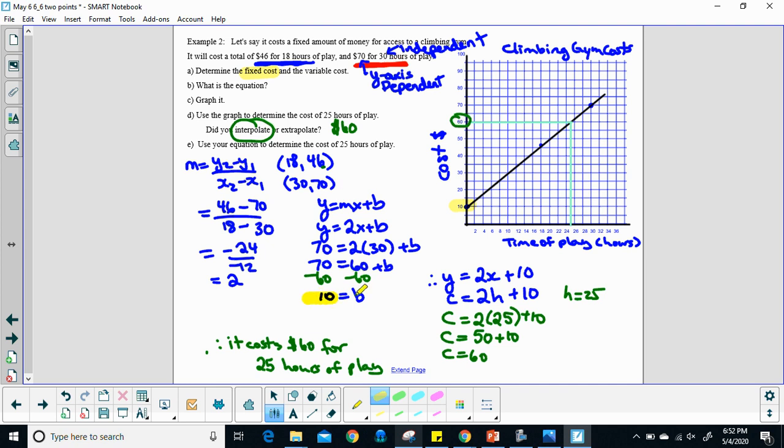And then our variable cost, that's how much it costs per hour. So that would be our slope value. So our slope is our variable cost, and our fixed cost is how much it costs just to step into the gym. Cool.